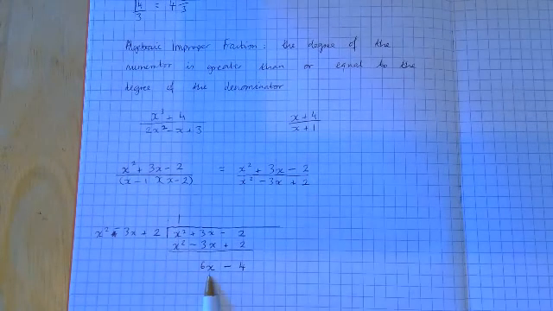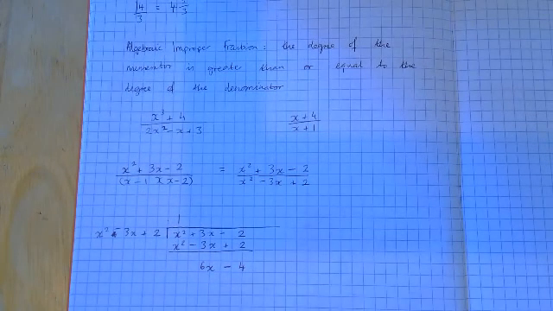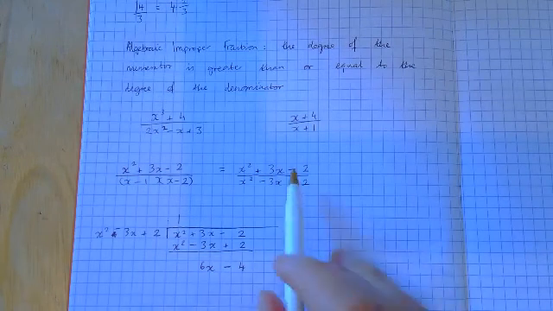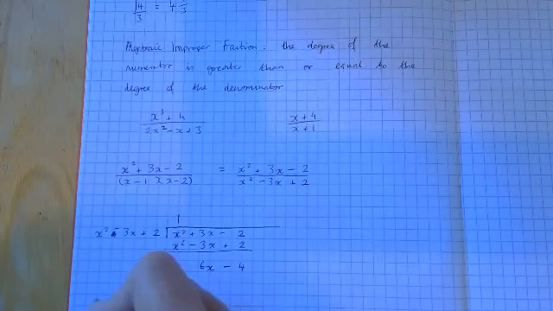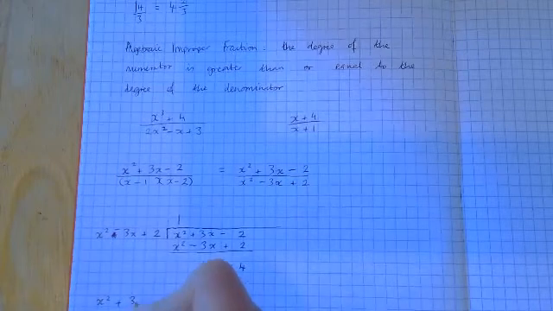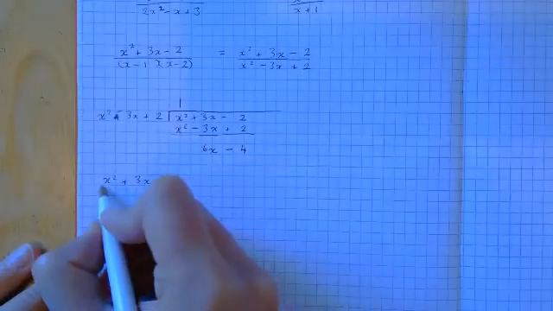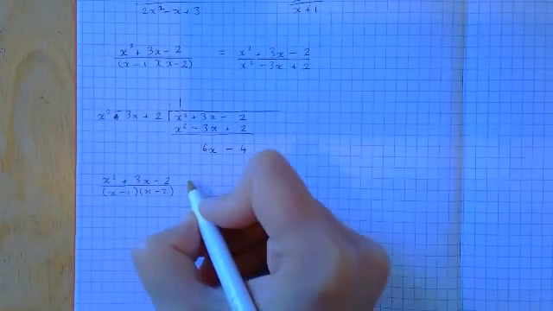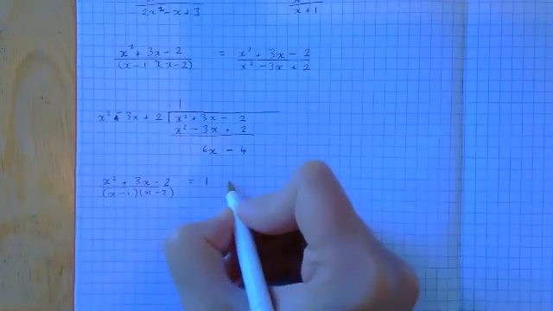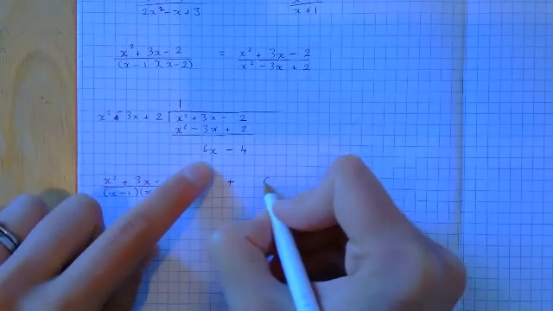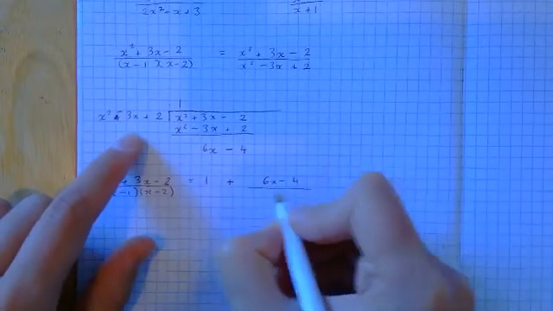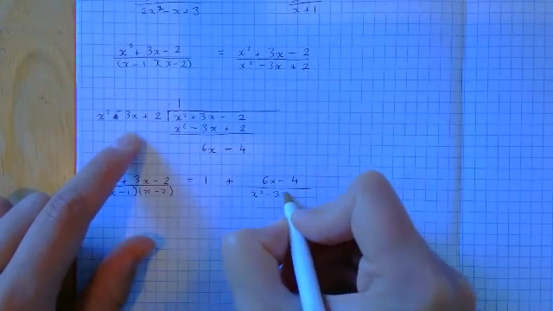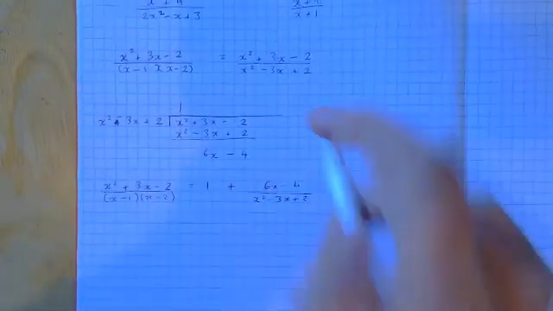Your next question would be how many x squareds go into 6x? But we can't do that. So we stop here. This is as far as we need to go. So this fraction that we started with, over x minus 1, x minus 2, equals 1 plus the remainder over what you were dividing by.